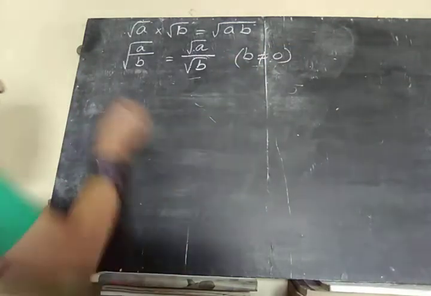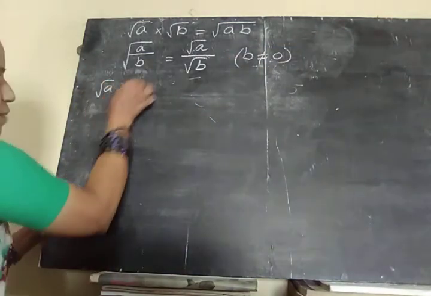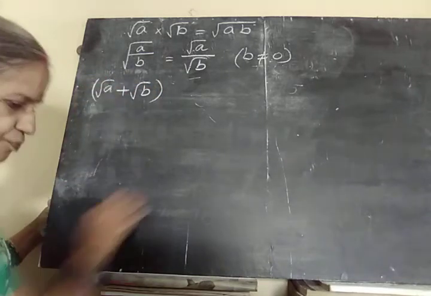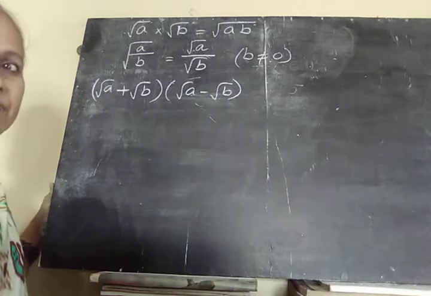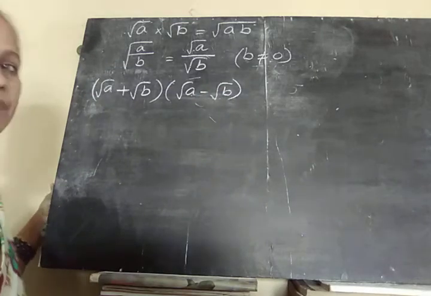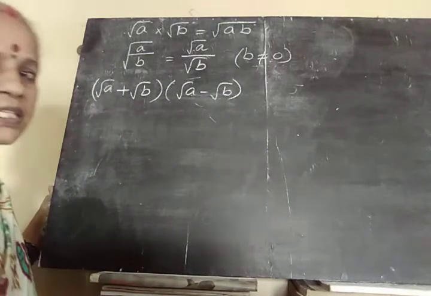Next, root A plus root B into root A minus root B. How is it? A plus B into A minus B becomes A square minus B square.